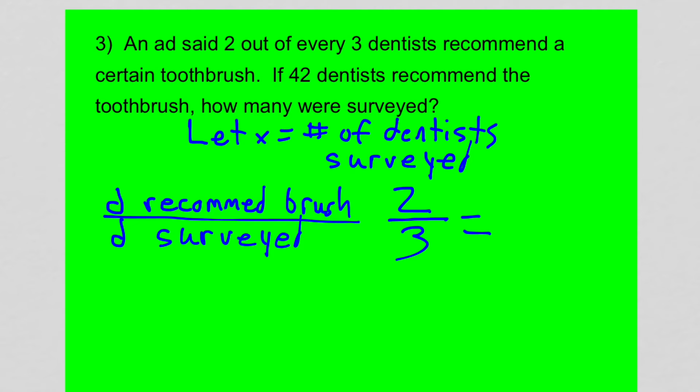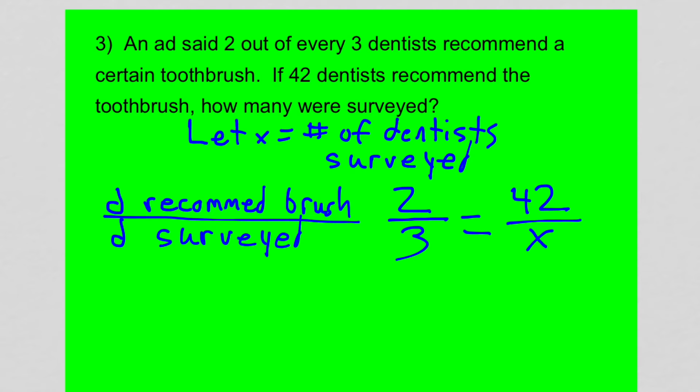It says, for the second ratio, 42 dentists recommend the toothbrush. Look where we've put recommend. Recommend is on top. So in this one, we don't put the X on top. The 42 goes on top. And then we said our unknown was number of dentists surveyed. So the unknown is X. The X goes on the bottom on this one. You can't just always put the X on top. It depends how you've created the ratio.